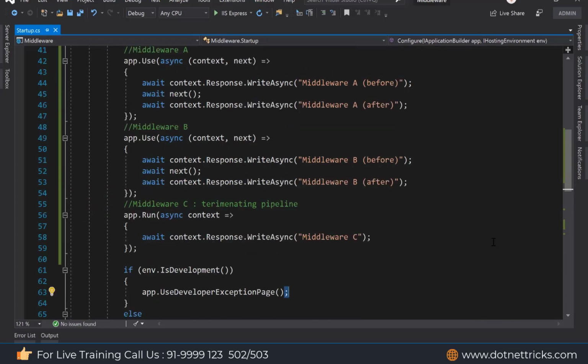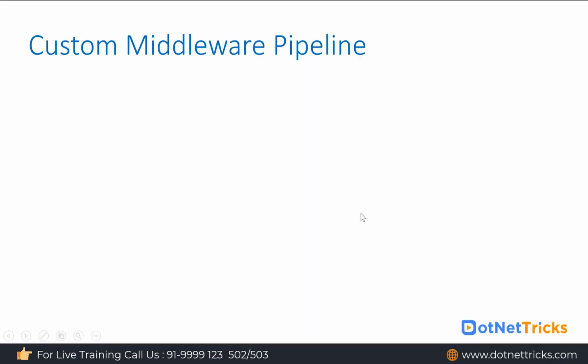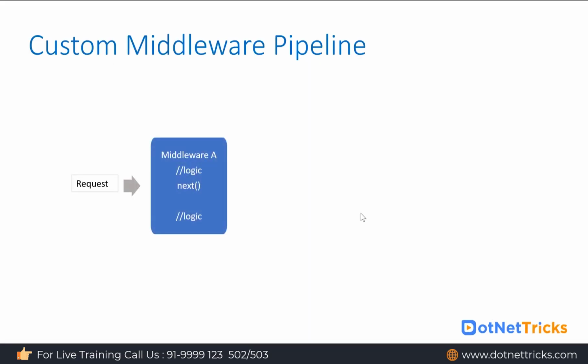So how it is working, let's understand it with the diagram. It is working like this. When you make the request, it will go to middleware A, and the logic you have written in middleware A before calling the next method would be executed before processing the request.